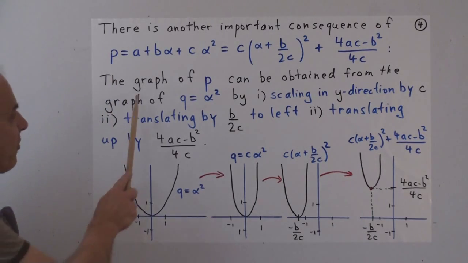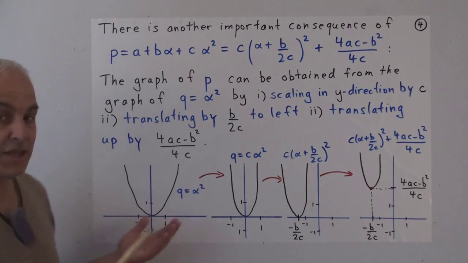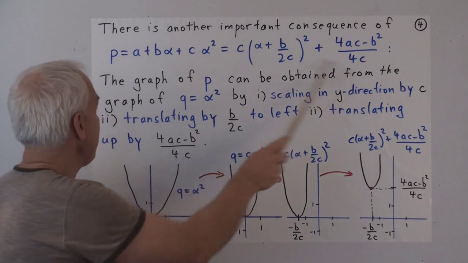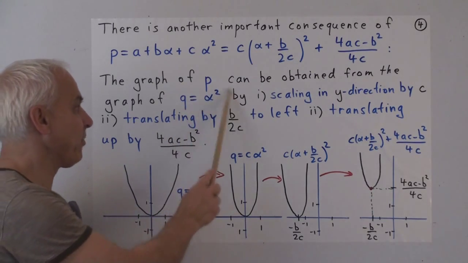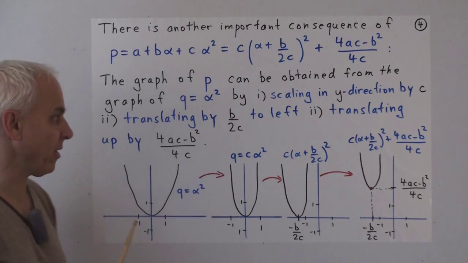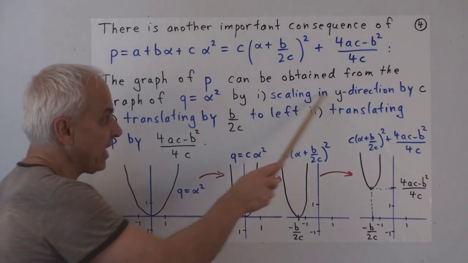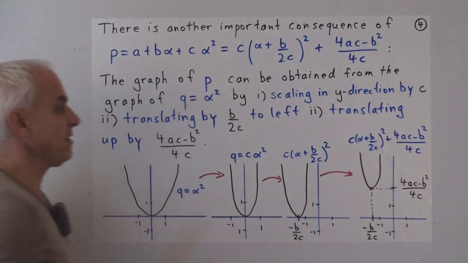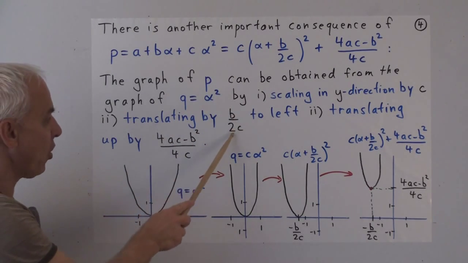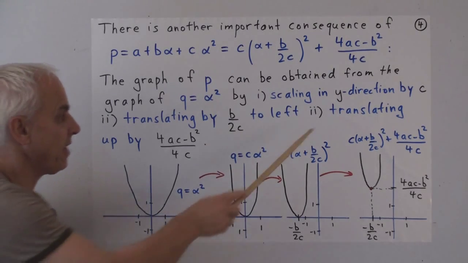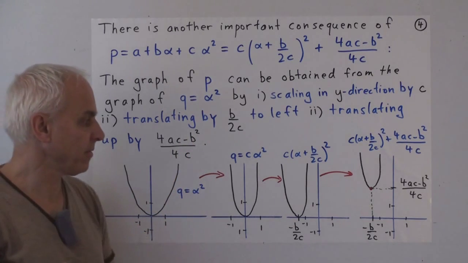Okay, the point is that a graph of p, perhaps we should say, because there's no unique graph, can be obtained from the graph of q equals alpha squared. This is the simplest quadratic polynomial, by doing three things. By first scaling in the y direction by some constant c, actually the same c here as here, then translating by b over 2c to the left, and then by translating up by 4ac minus b squared over 4c.